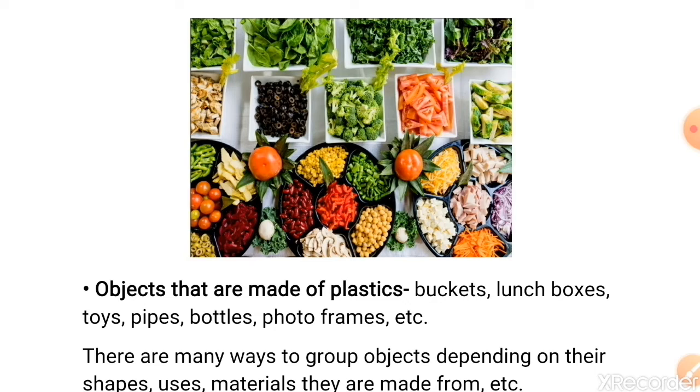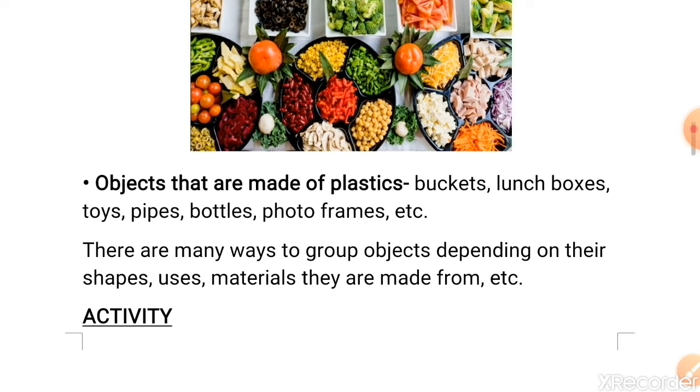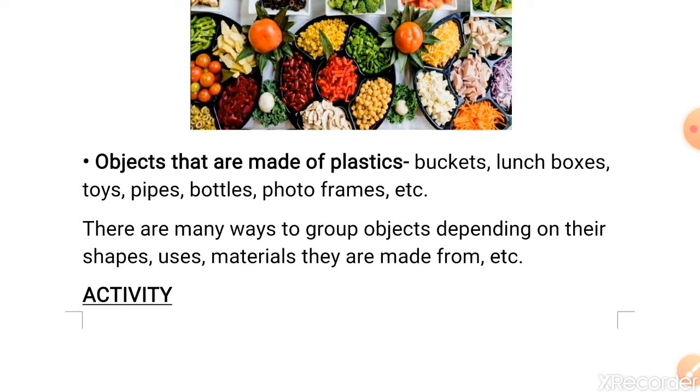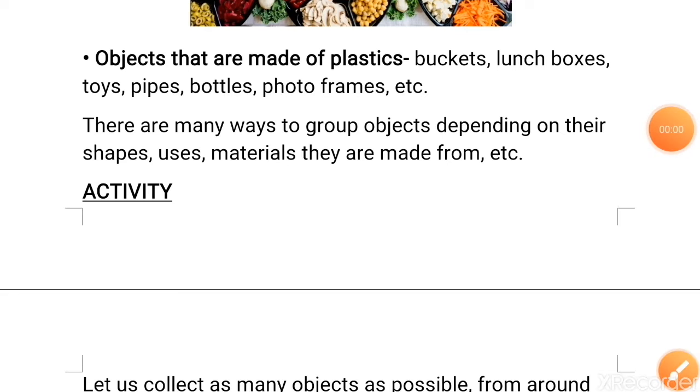Now, students, we have seen that all objects around us are made up of one or more materials. These materials may be glass, metal, plastic, wood, cotton, paper, mud, or soil. For example, the material used in our pen is plastic, in pencil is wood, in books and notebooks the material is paper. Now students, we will do an activity.